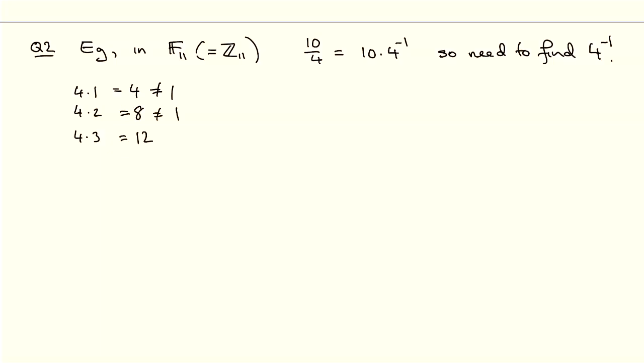This is 12, which equals 1 in F11. So 4 inverse equals 3. So 10 over 4 equals, well, 30. And 30 is 8. Okay. In Z11. Is that okay?